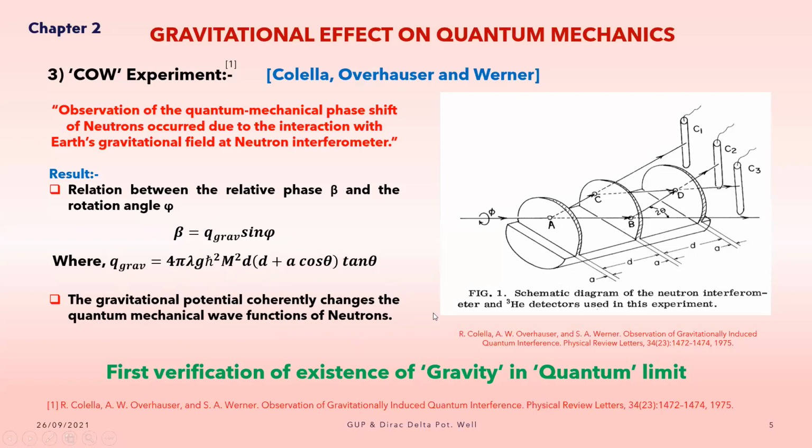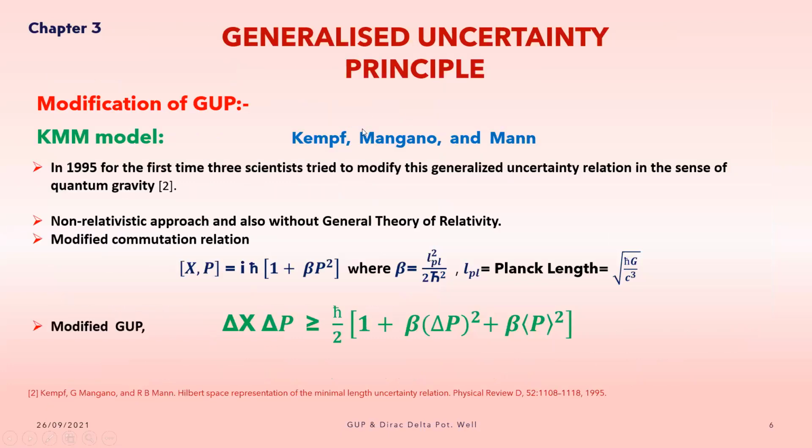So this is the first experimental verification of the existence of gravity in the quantum mechanical limit, and this is also non-relativistic. Now, motivated by this experiment, three physicists came, Maggiore and Kempf, Mangano and Mann.